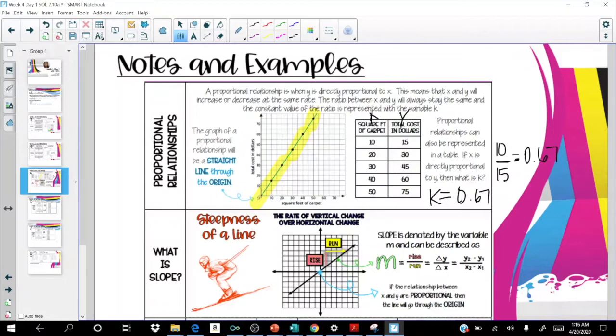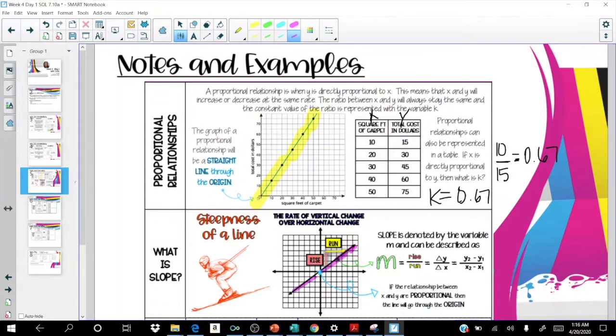And when you connect those two, it creates a line. Okay? So that creates the steepness of the line. That is your slope.